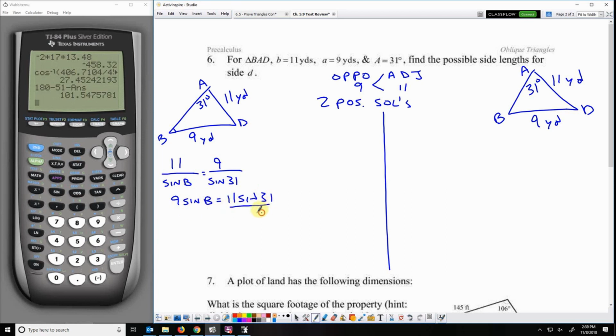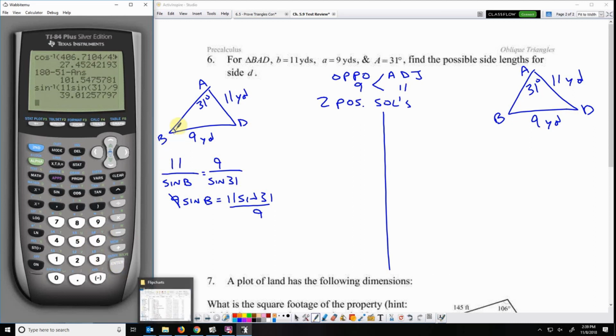We're going to divide by 9. And then to get B by itself, we're going to do arc sine. So second sine 11 sine 31 divided by 9. We get 39.01.